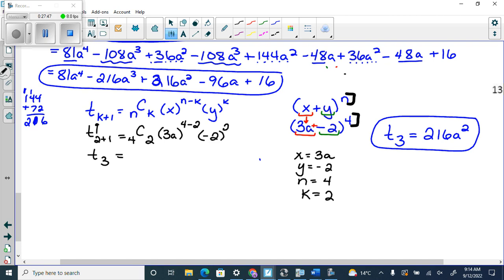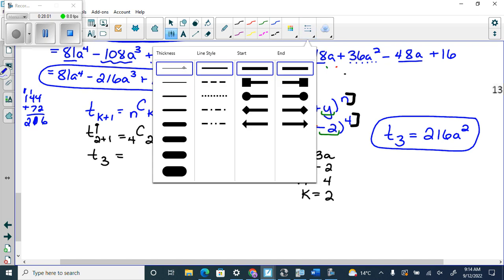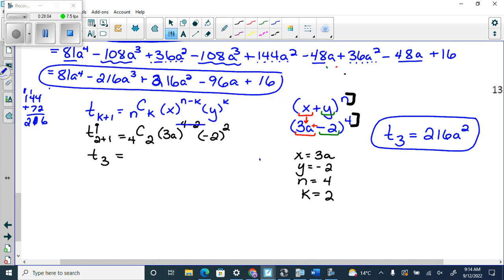Do you see how I just literally filled it into the formula? I didn't do anything fancy. I just put numbers in for letters. Okay, now 4C2, we put into our calculator, what do we get? It is 6. So 4C2 is 6. Now this is the thing, 4 minus 2 is actually 2, we agree?